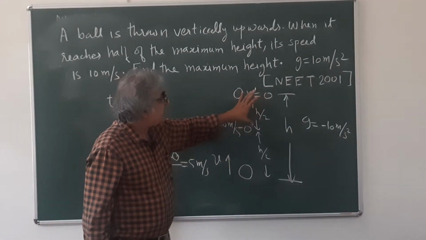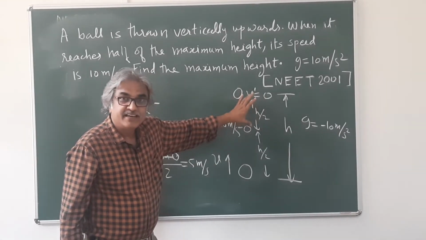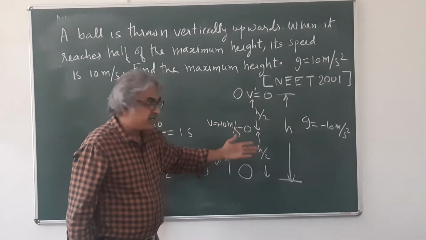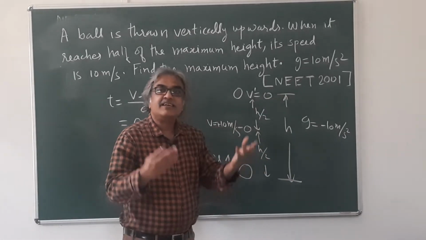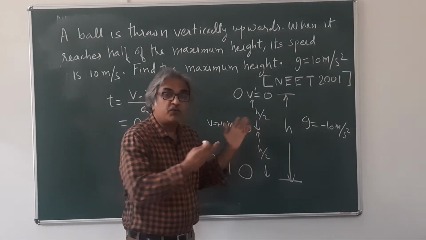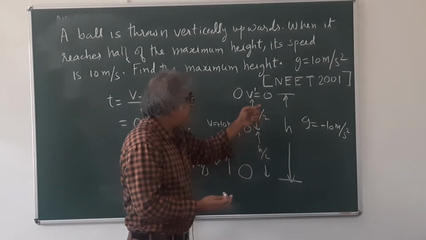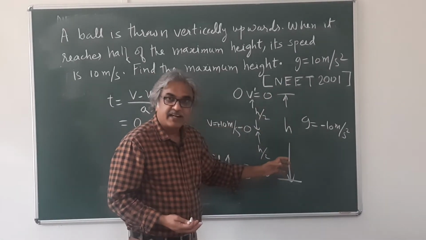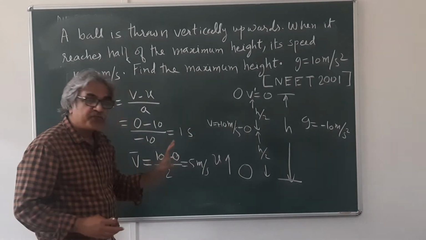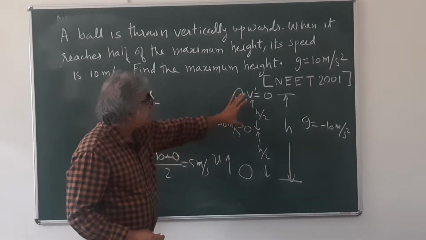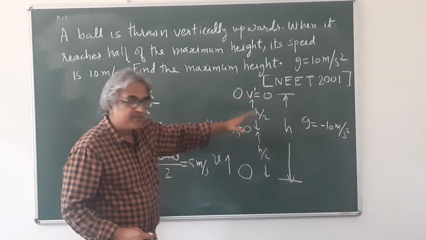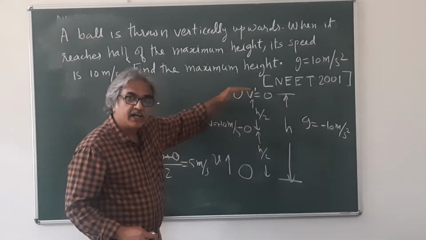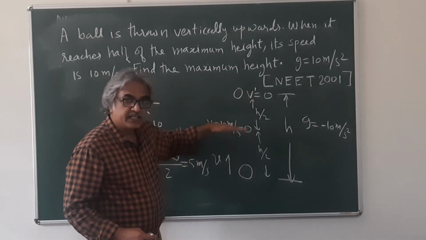So h by 2 becomes 5 meters. When h by 2 is 5, h is 2 into 5, that is 10 meters. So this is one way of solving the problem, where we considered only this portion, because we are given velocities here and here.